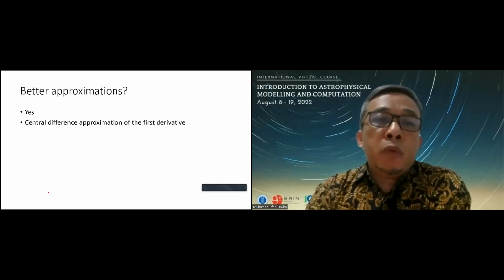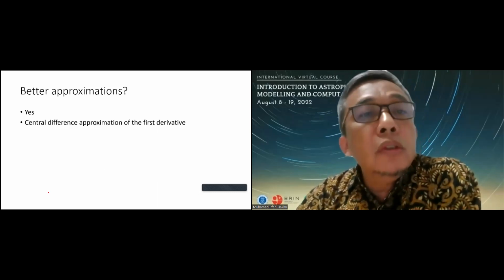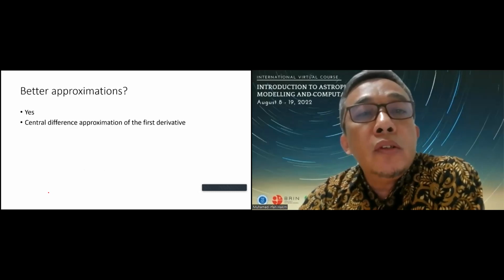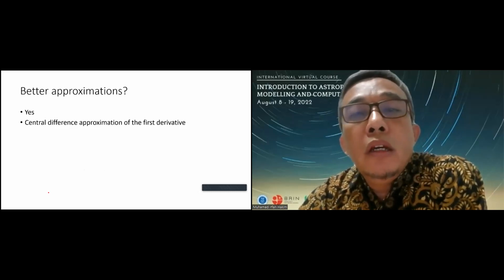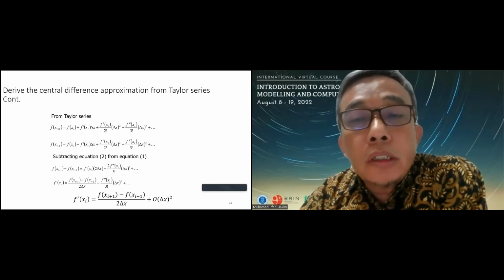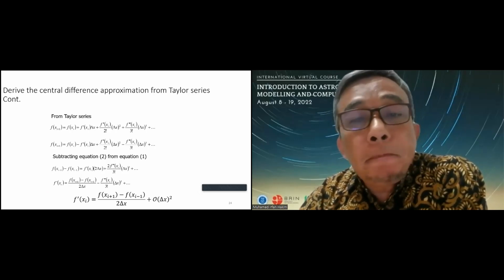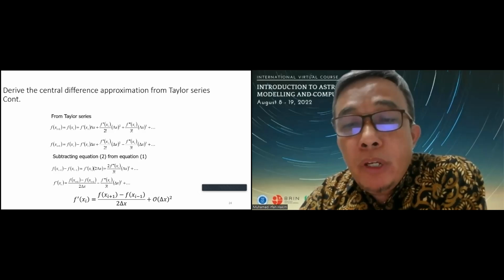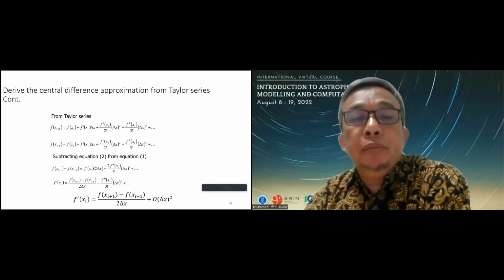For better approximation, we can use a central difference approximation of the first derivative. So we have a better order of remainder, in delta x squared.